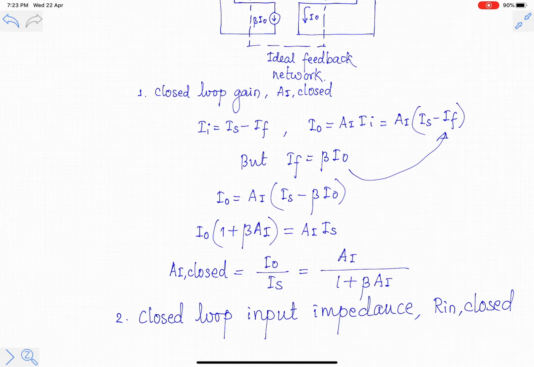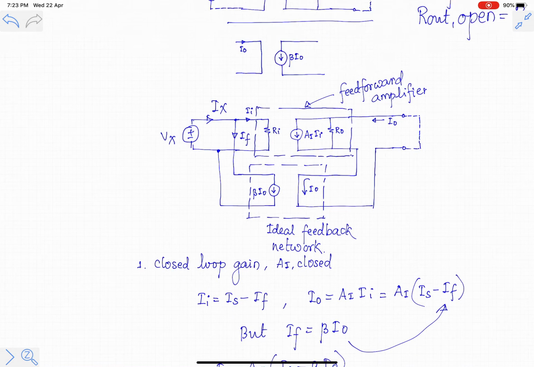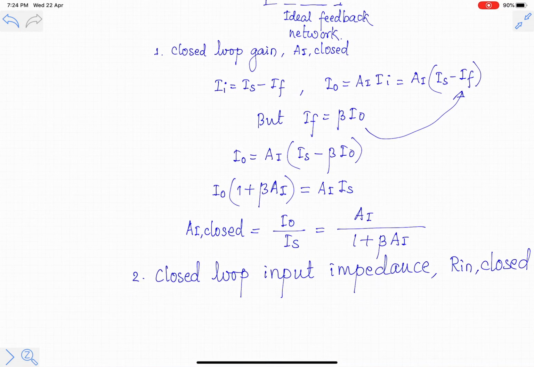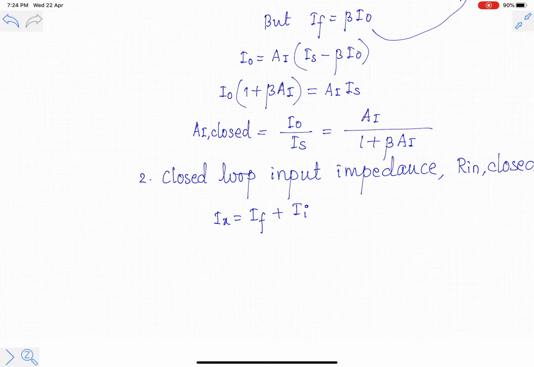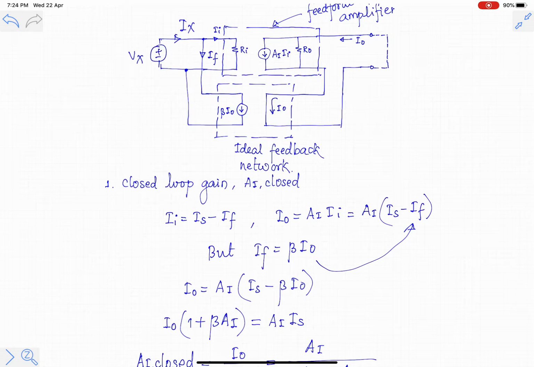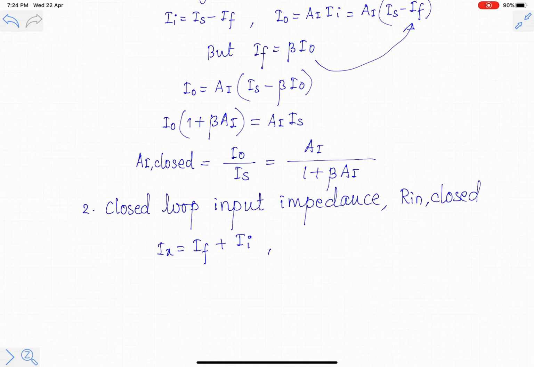So we can observe that Ix is equal to IF plus II. Now we can see that IO is equal to AI into II.